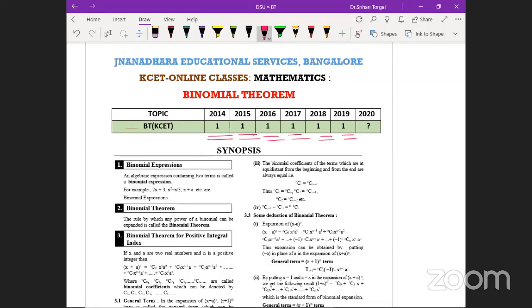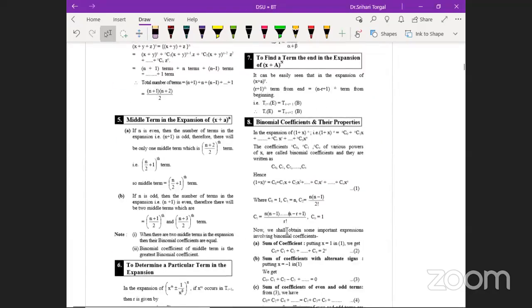Every year one question from binomial theorem. Definitely I will expect one question in 2020 also. Okay. So these are the past statistics we have with us, and the problem will be very easy. One question they will ask, and that will be very easy to answer.